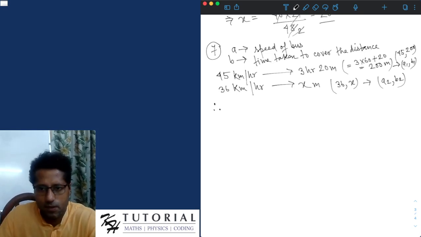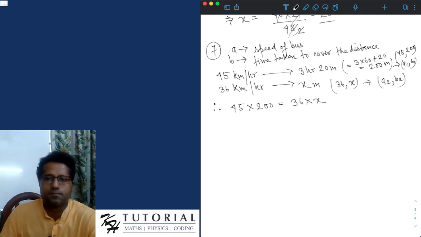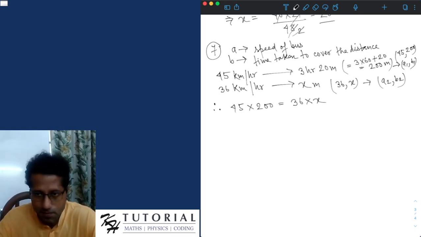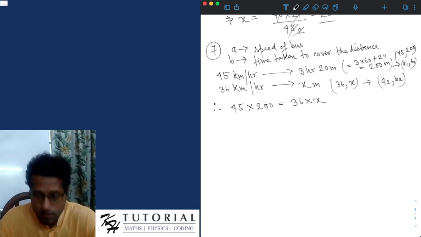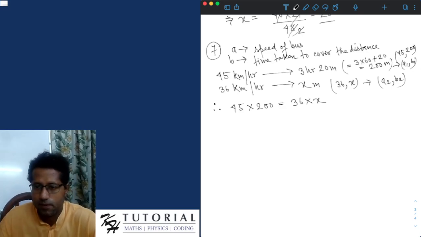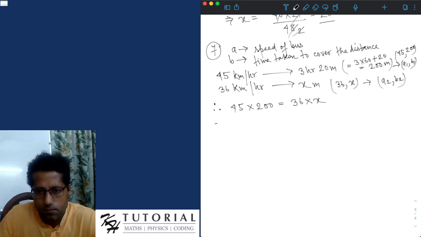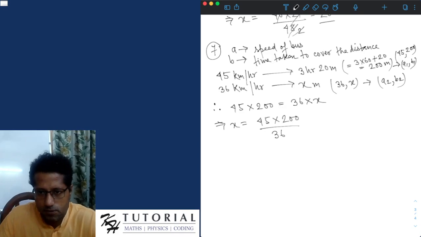So therefore we must have 45 into 200 equal to 36 into x. X we have assumed to be in minutes, so we had to convert 3 hours 20 minutes to minutes, which is equal to 200 minutes. Now this implies x equals 45 into 200 divided by 36.